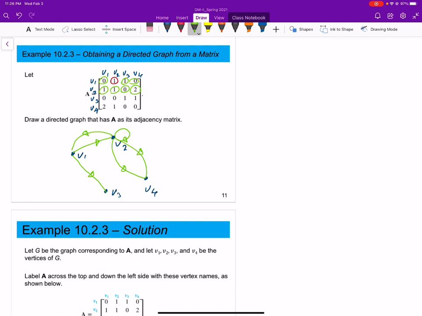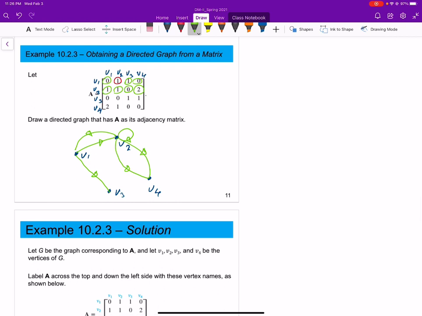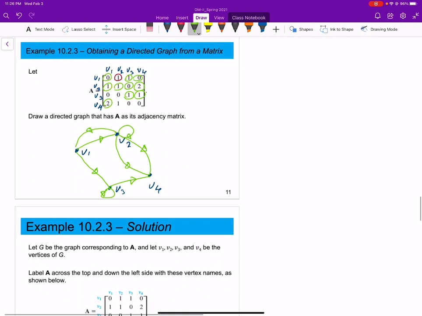Alright, from v3 to v1, no edge. From v3 to v2, no edge. From v3 to v3, there's one edge. That means there's a loop at v3. And then from v3 to v4, there's another arrow. And then go to the fourth vertex, v4 to v1, there are two edges.